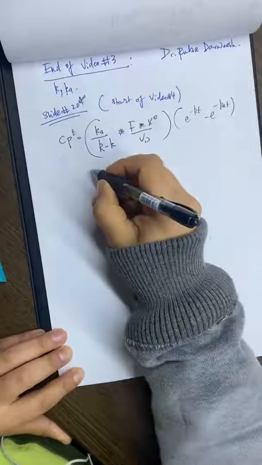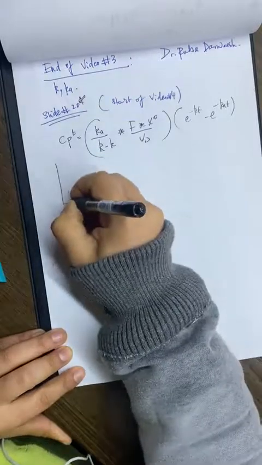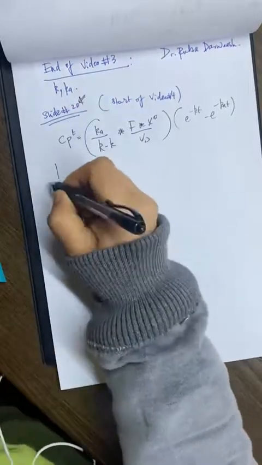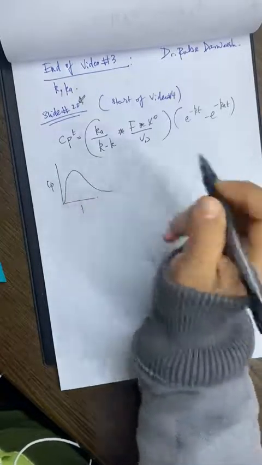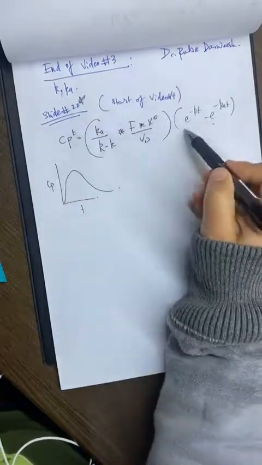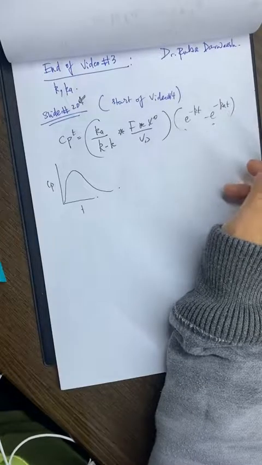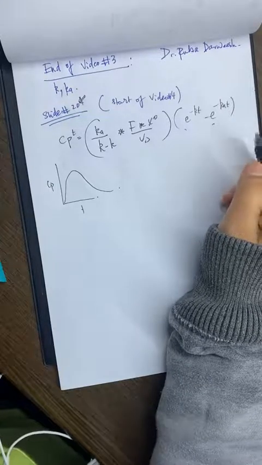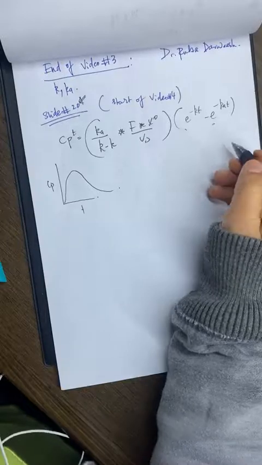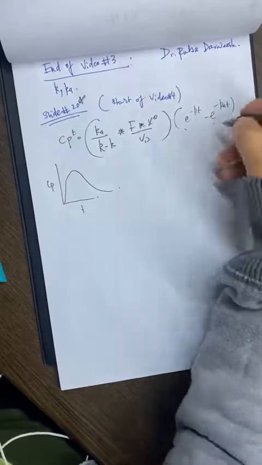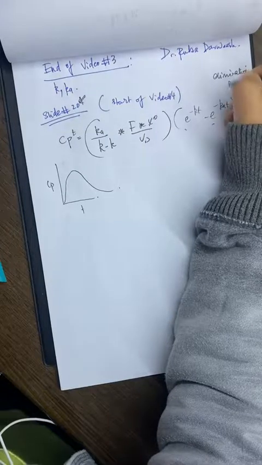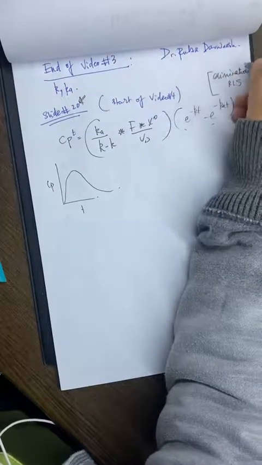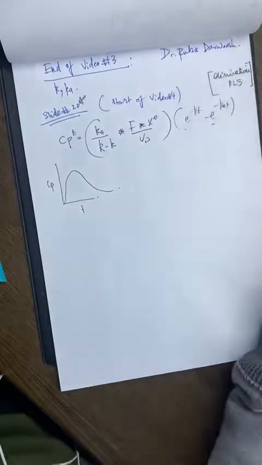Now, this is my profile, right? By exponential term, because we have a biexponential term in the equation. Assuming the normal condition in which the elimination is the rate limiting step, which means the absorption is faster.